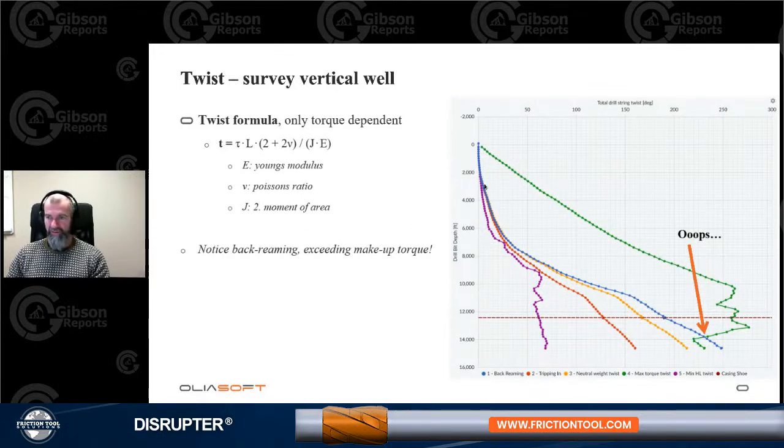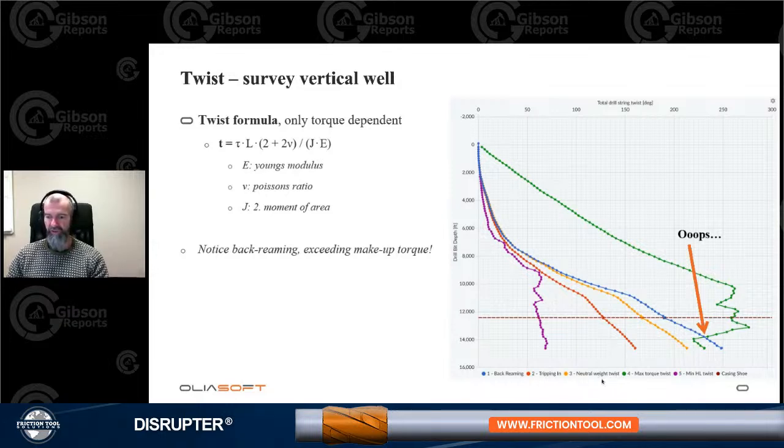So basically what I did here is to show the same thing as what we did on the previous charts. We have this back reaming operation, we have a trip in, out of here, and neutral weight, since now we're rotating, right? Compared to the other ones where we were not rotating, we were only looking at tripping operations without rotation.